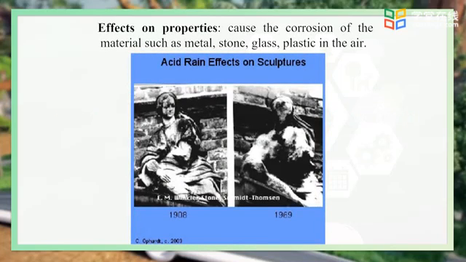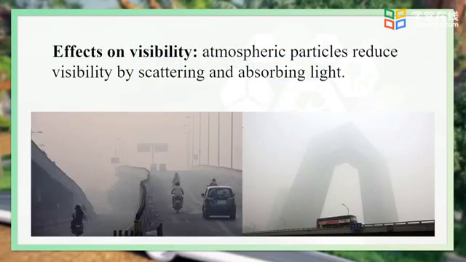Air pollution also causes atmospheric corrosion of metals, and it is very common in the industrial cities environment due to the high concentration of corrosive pollutants in the air. Atmospheric particles in the air could reduce visibility by scattering and absorbing light.